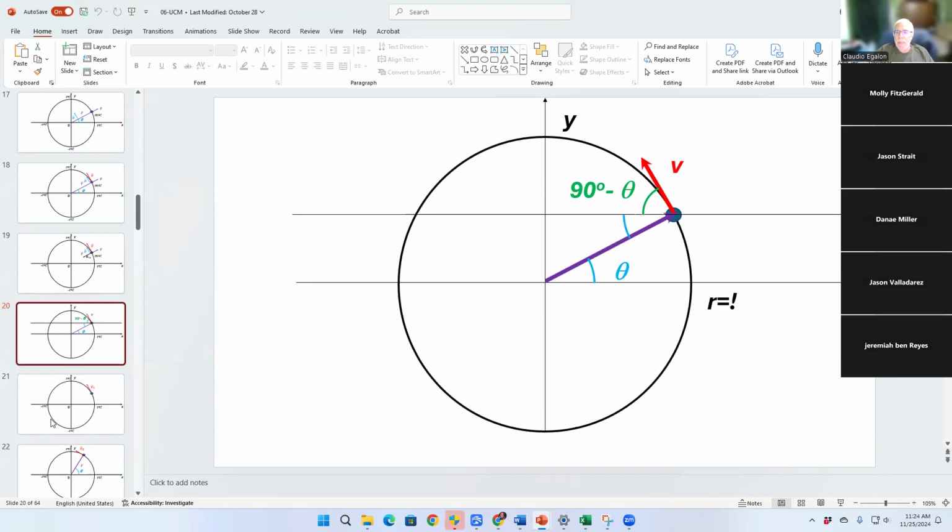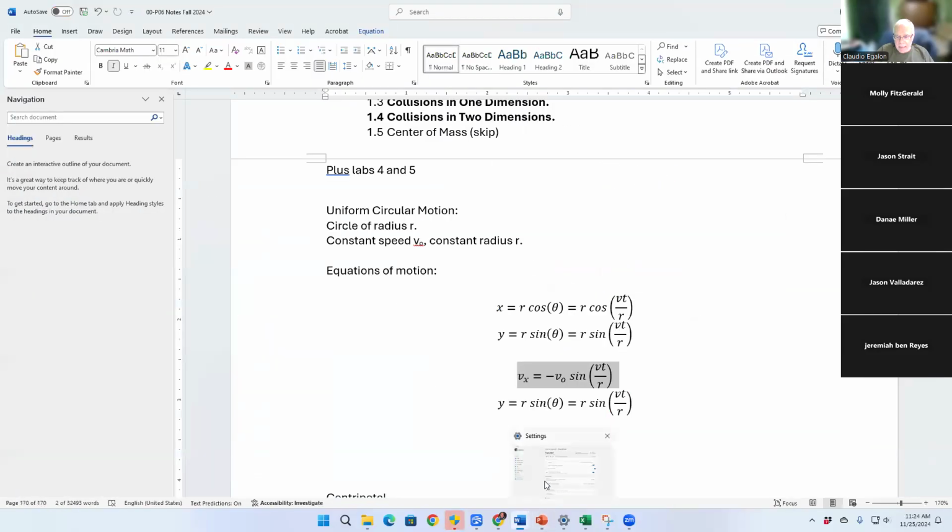And you can see that at this position, the x component of the velocity is negative. We have something similar for the Vy. The only difference is that here you have a positive value, and here you have a cosine. See that? X cosine, Vx sine, y sine, Vy cosine.